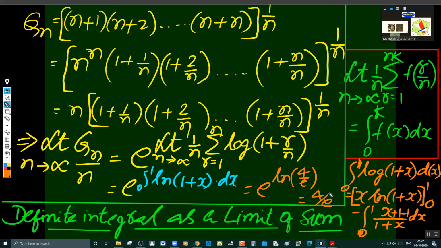Okay. So this is for. Sir, I have a very simple method for this question. This is too lengthy, sir. I think my method is better and I get the answer correct also. But you said something other than this just now, the answer. Sir, GM of D is also equal to n plus 1 into n plus n the whole raised to 1 by 2.